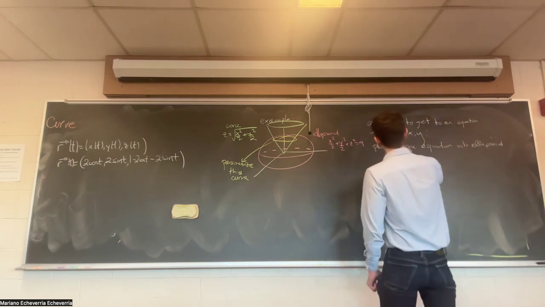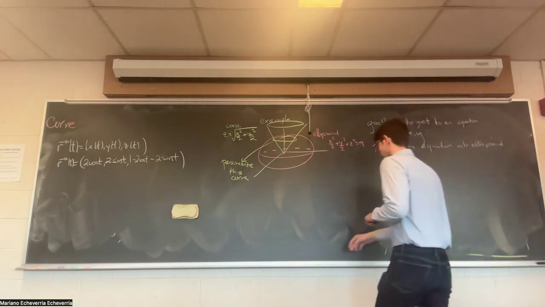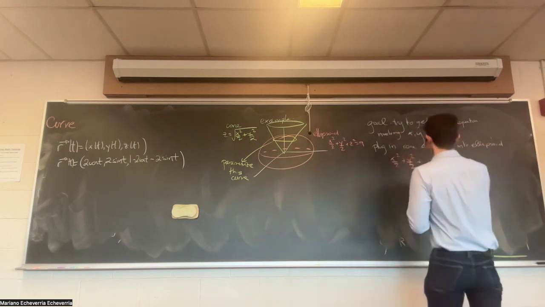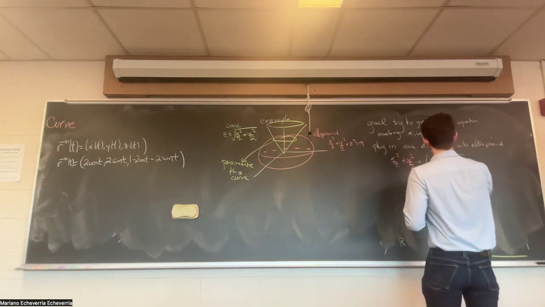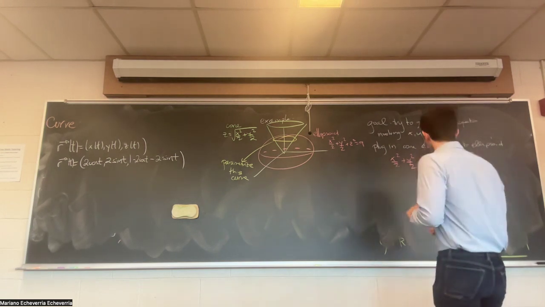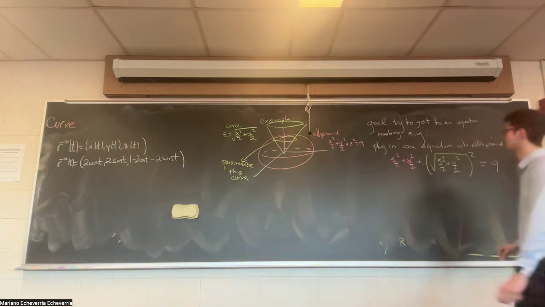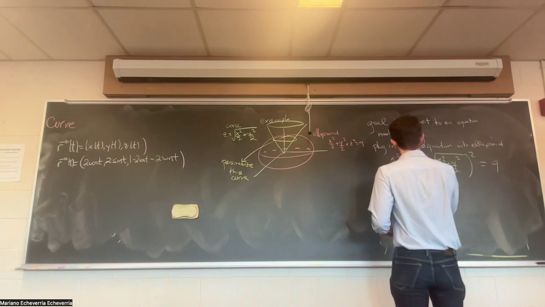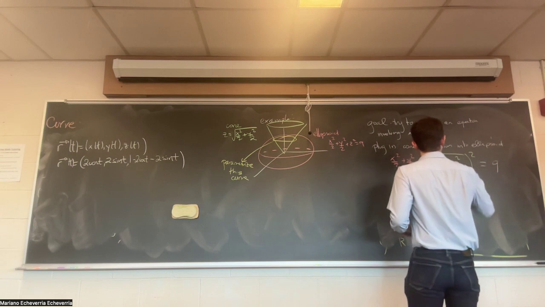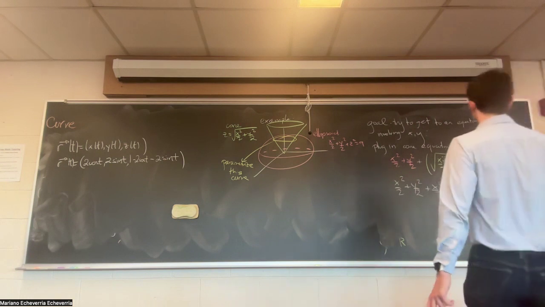So you get x squared over 2 plus y squared over 2 plus z squared, and it becomes equals 9. Okay, so the square roots cancel, right? So you get x squared over 2 plus y squared over 2 plus x squared over 2 plus y squared over 2 equals 9.